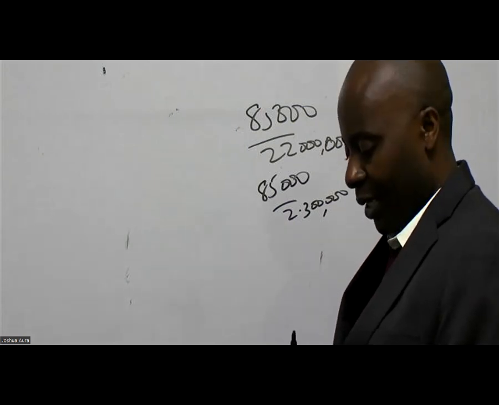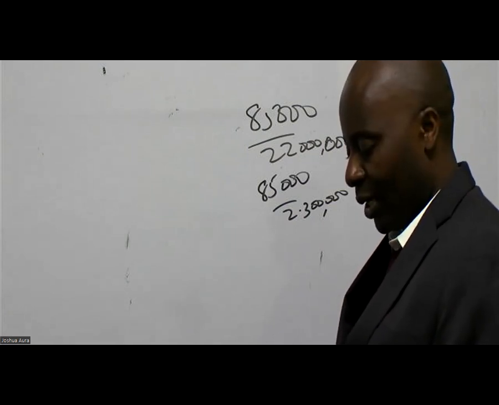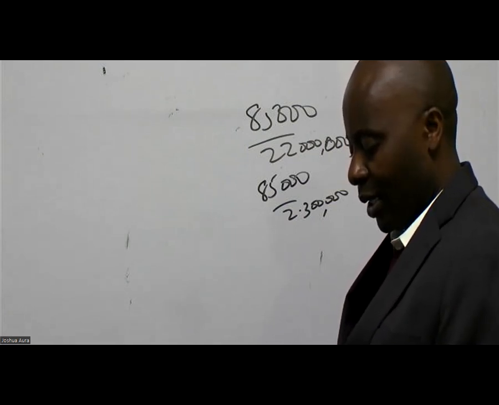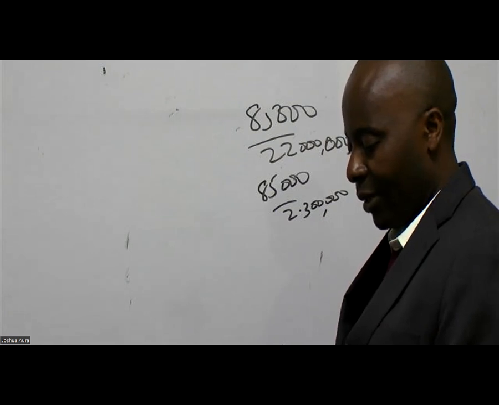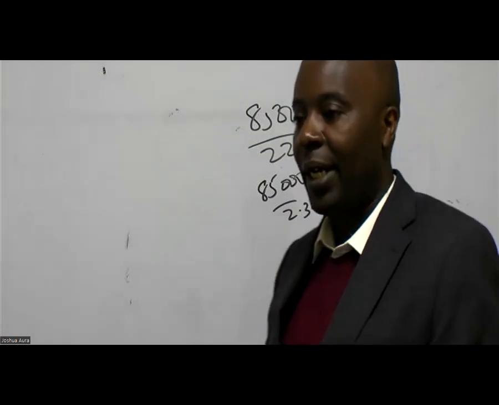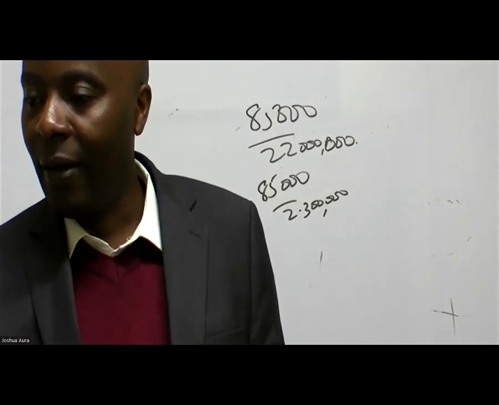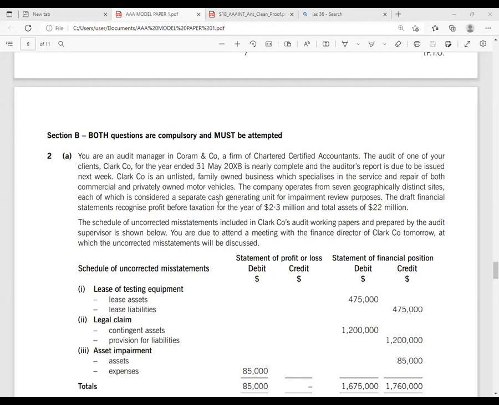So we have here 85 divided by 2,300 times 100, giving me 3.7. Remember, it is 85,000. Profit before tax is 2.3. So, ladies and gentlemen, we are getting here a figure of 3.7.